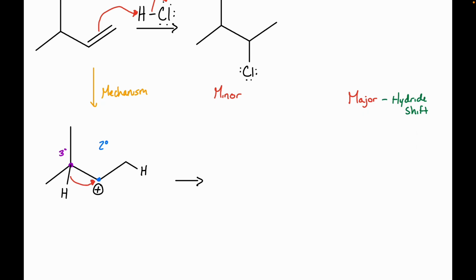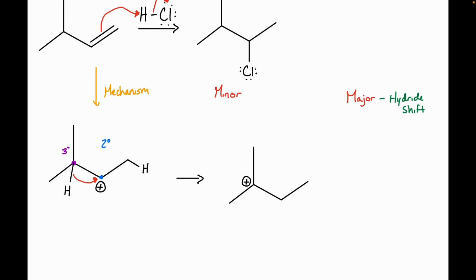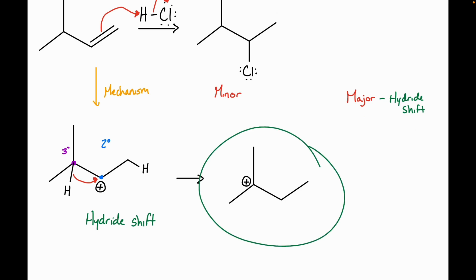All right, and this will leave us with a tertiary carbocation. All right, so this right here is my hydride shift. That hydrogen with its pair of electrons jumping over to that neighboring carbon so that that more stable carbocation intermediate can be formed.